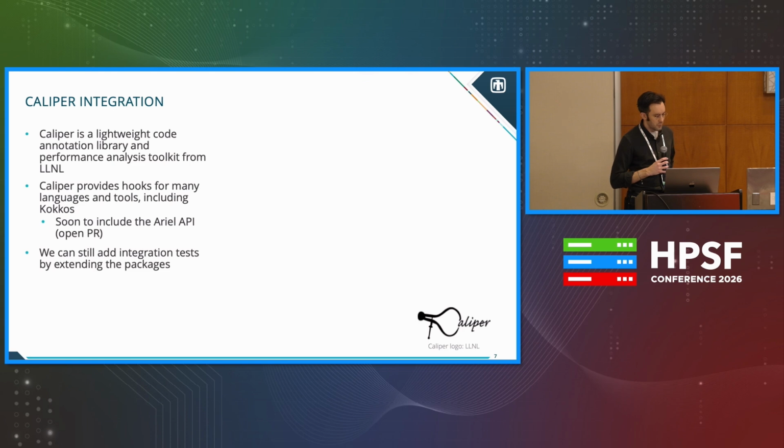And soon it will have hooks for Aerial as well. So I showed off earlier, Aerial enable, Aerial disable. If someone has already added Caliper to their app, now you don't even have to do that. Now you can simulate in Aerial by just using the Aerial connector, which will be part of Caliper. And we'll still want to extend these packages just so we can do the integration testing.